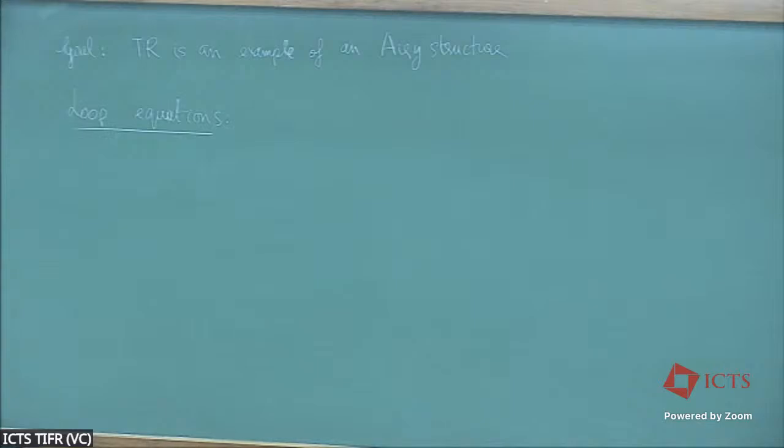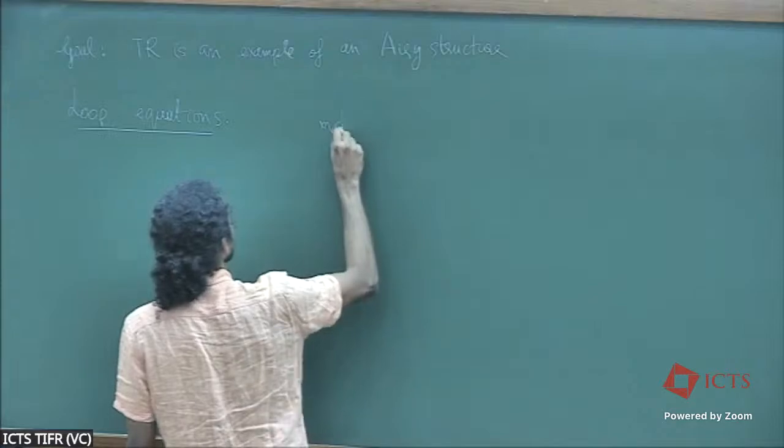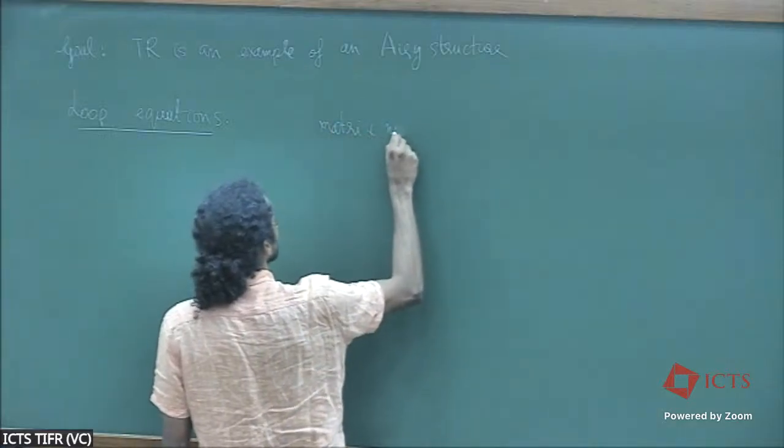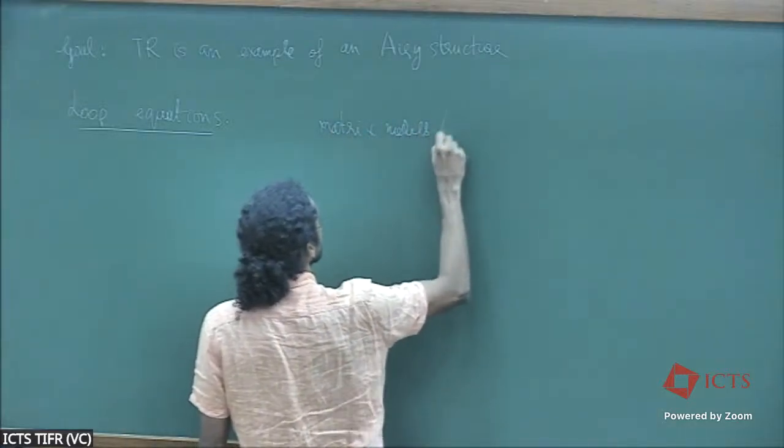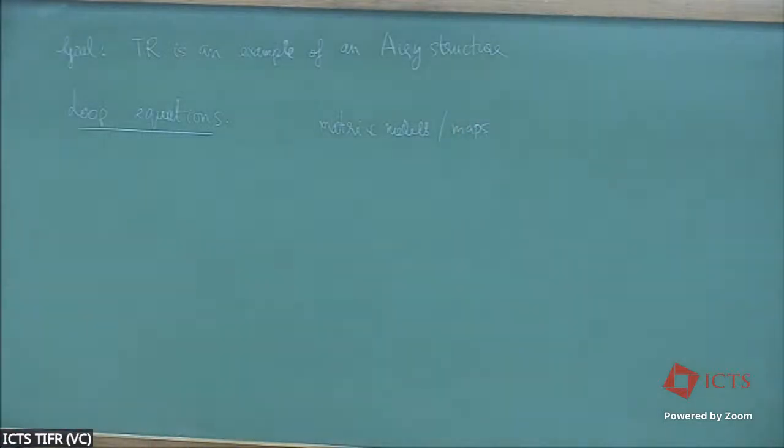That's where the loop equations come from, from matrix models or maps. But one can formulate it purely in terms of the data that you've seen in topological recursion. So let me do that.